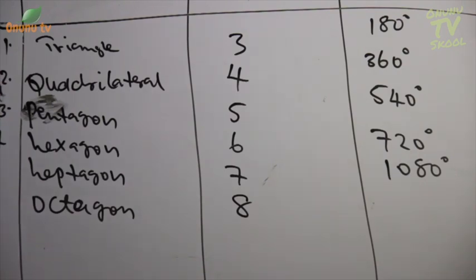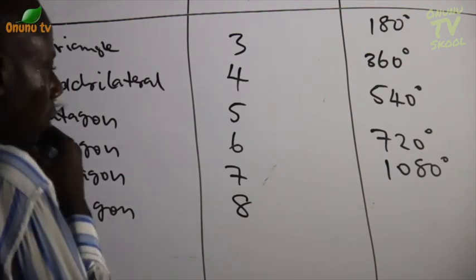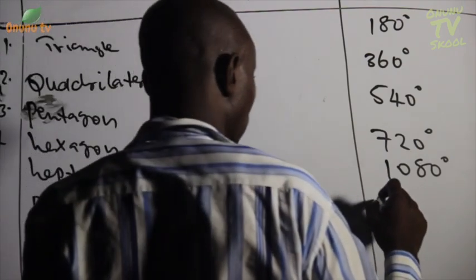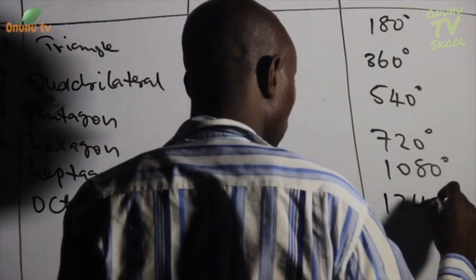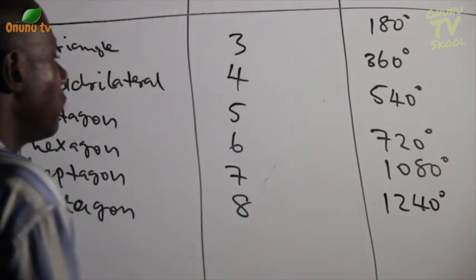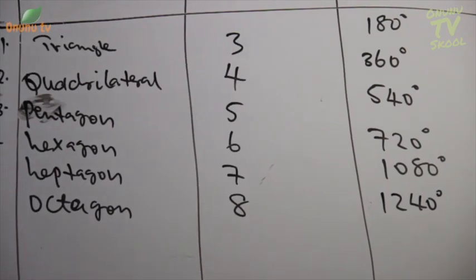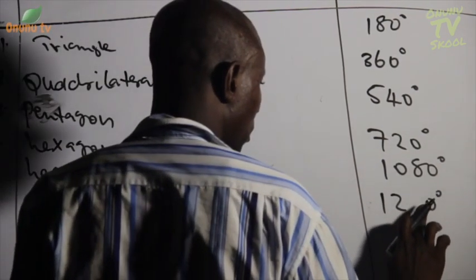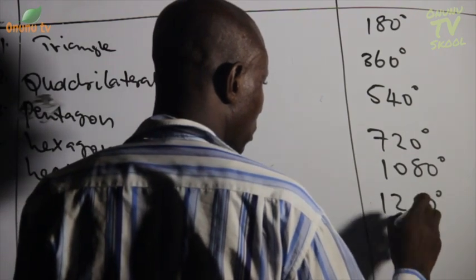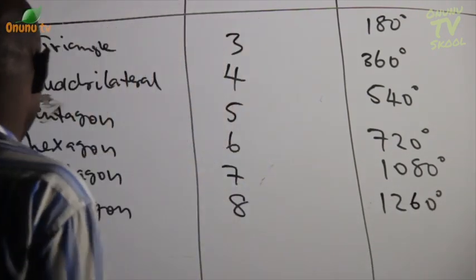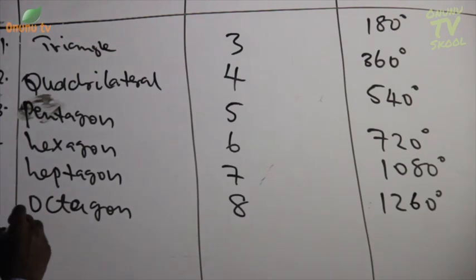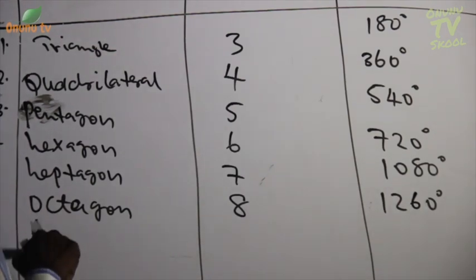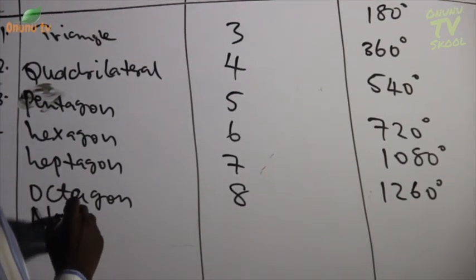What is the sum angle? 1080 degrees. The next, seventh one, is nonagon, 9-sided.